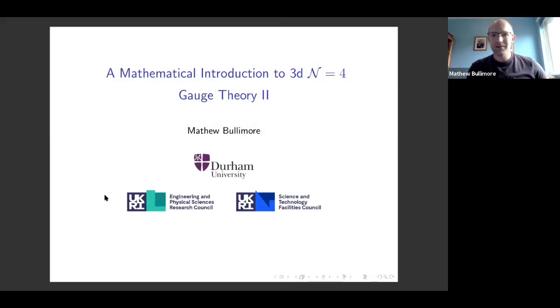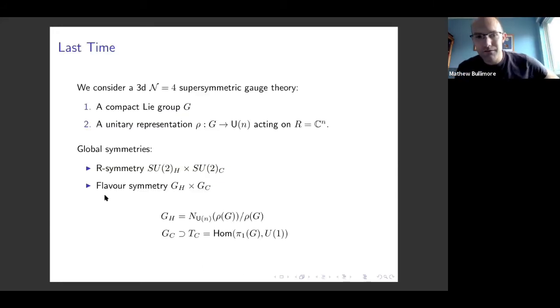Okay, so this is lecture number 2 of the introduction to 3D N=4 gauge theories. I'm just going to begin with a quick recap of some of the things that I said last time, and some of the basic data that was involved in specifying a 3D N=4 gauge theory. First of all, we had a compact Lie group G, that was the gauge group.